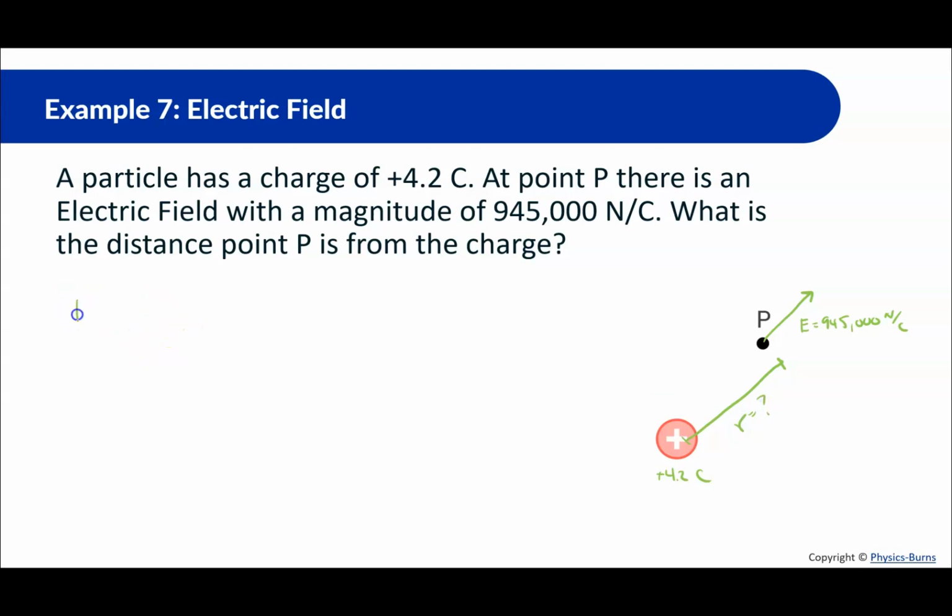Okay, so we know the electric field is equal to KQ over R squared. And we can manipulate this by doing R is equal to K times Q divided by E, and since it's squared before, we're going to square root that. So let's figure this out. R is going to be equal to the square root of K, which is 9 times 10 to the 9th, times the charge Q, which is 4.2, divided by the electric field, which is 945,000.